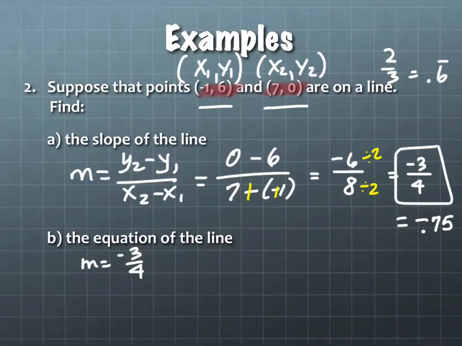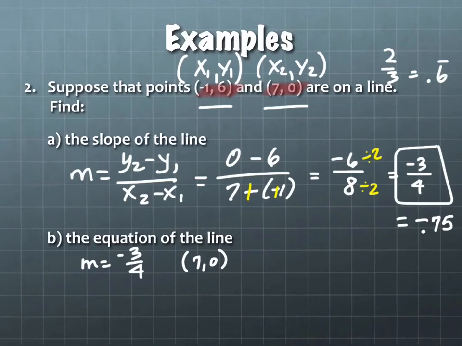I can tell you which one's my favorite. I like 7, 0. Why do you like 7, 0, Rachel? The 0 makes one less step. You got it. The 0 makes it one less step. I mean, that's just it. She said that well. The 0 makes it one less step. If you pick the other one, will you get the same answer? Yes, you will. So it doesn't really matter, but on this one, I've got a 0, so I'll usually pick that one.